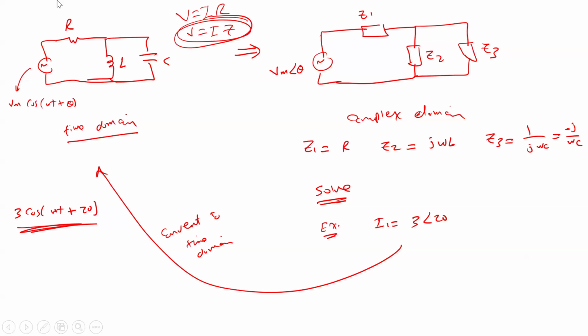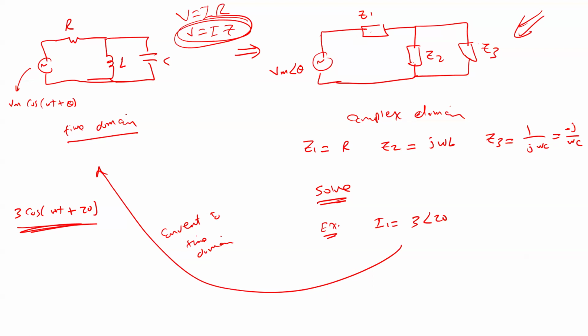We treat this impedance like a resistor as we did before, so you can solve the circuit similarly. The only difference is that all the numbers here are complex. This is the only difficulty.